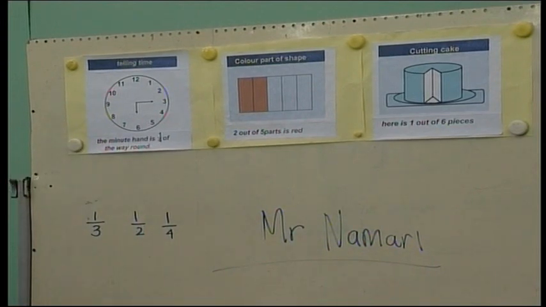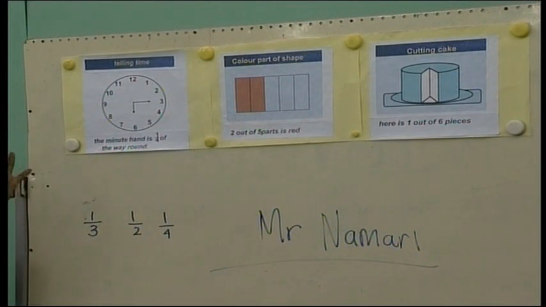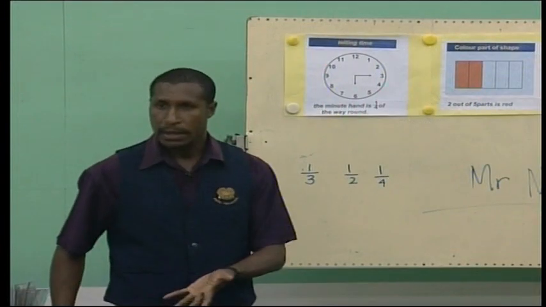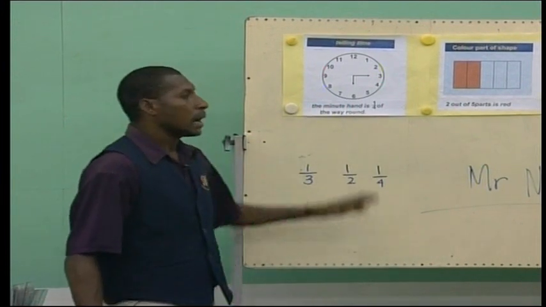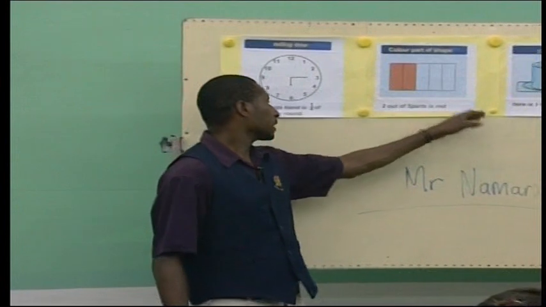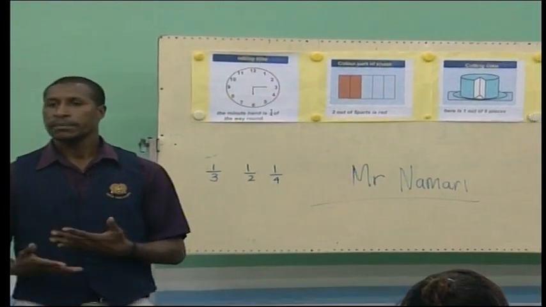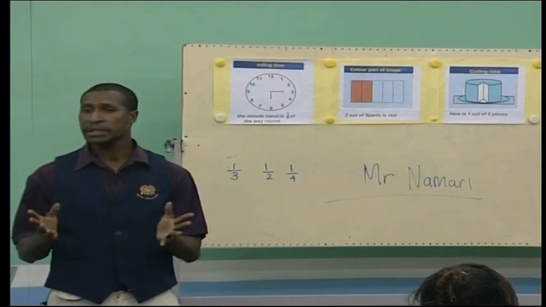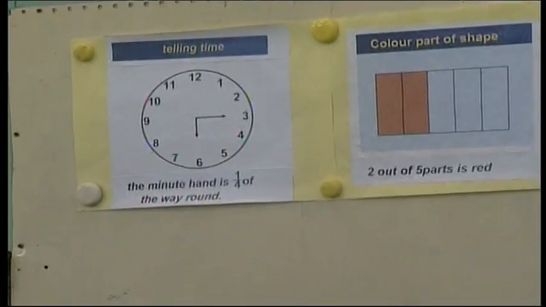Sometimes when we tell time, we do not know that fractions are also involved while we are telling time. We have other examples, like when we are using shapes, we mention fractions in dividing a shape into parts.